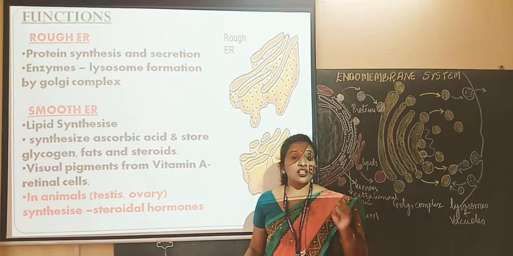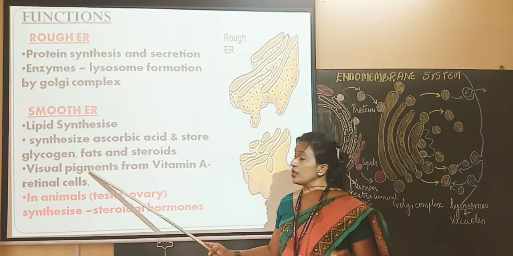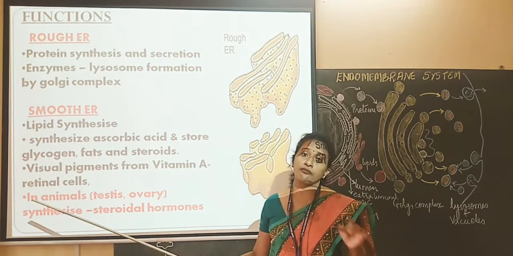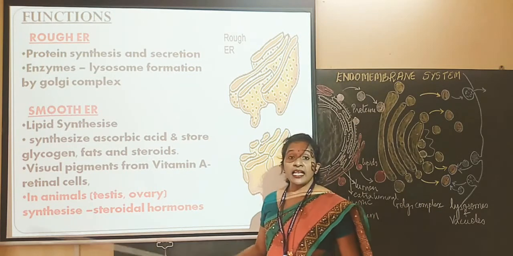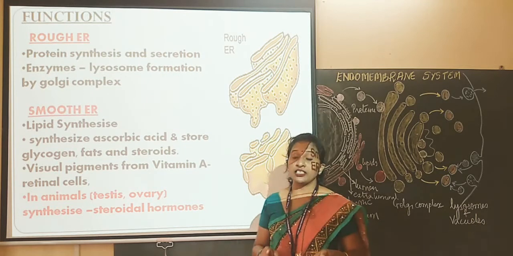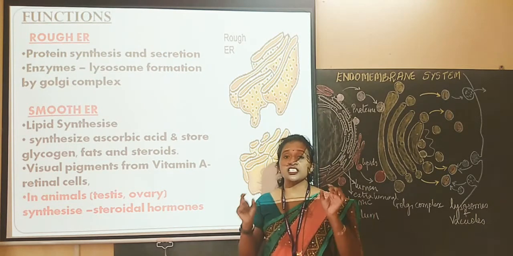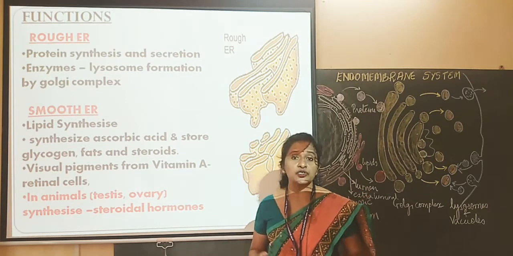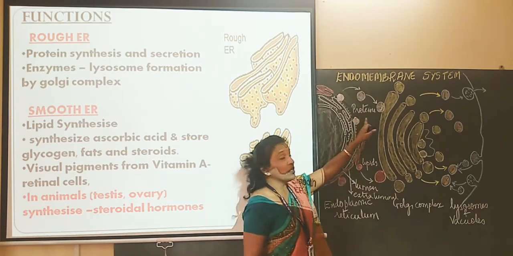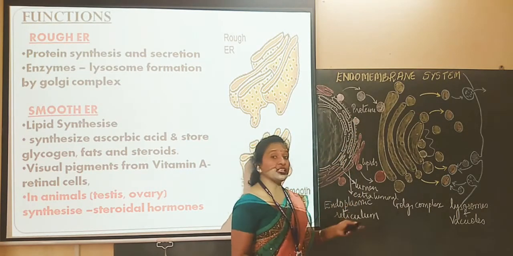Okay. It also plays an important role to release certain pigments, that is the visual pigments from vitamin A of the retina of our eyes. Okay. In animal cells, the reproductive organs such as testis and ovary, here it helps in synthesizing some steroidal hormones such as estrogen, progesterone, testosterone, etc. So we came to know that rough endoplasmic reticulum will release proteins and smooth endoplasmic reticulum will release lipids.